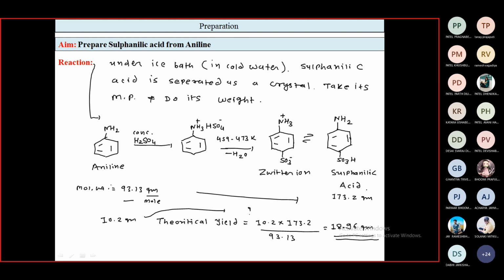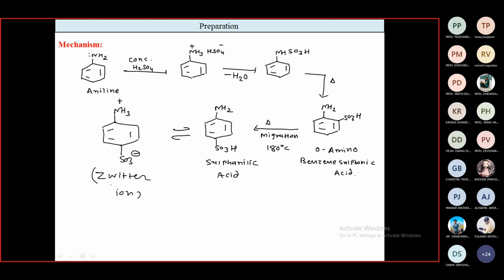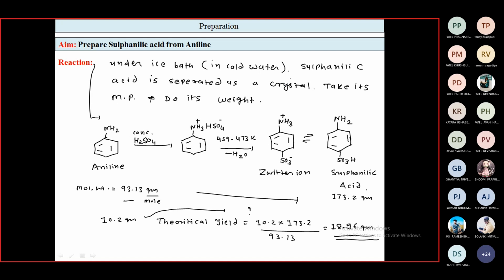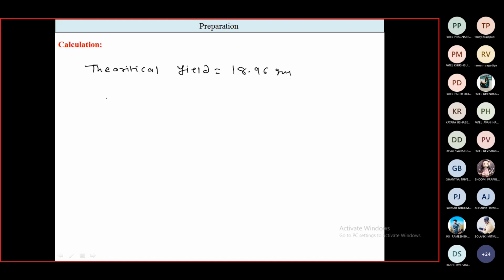Now see, here you have the molecular weight of both, so you have calculated the theoretical yield. Theoretical yield is 18.96 gram. From that you can calculate the percentage of yield. Practical yield is the weight of your product.